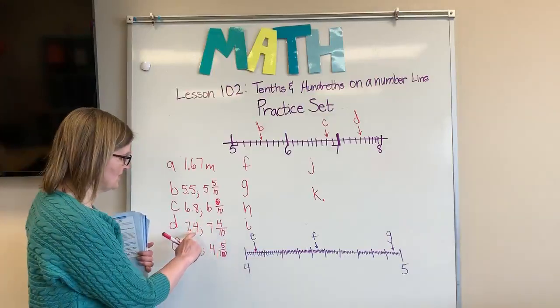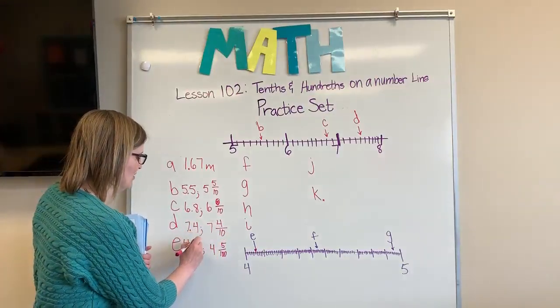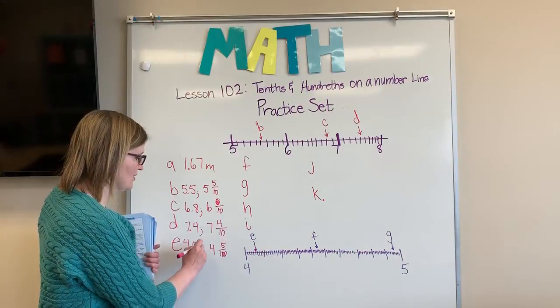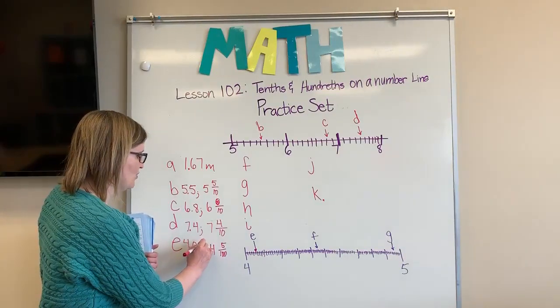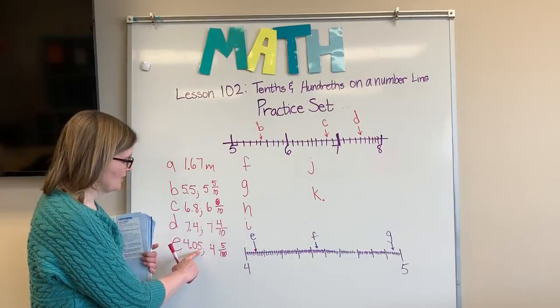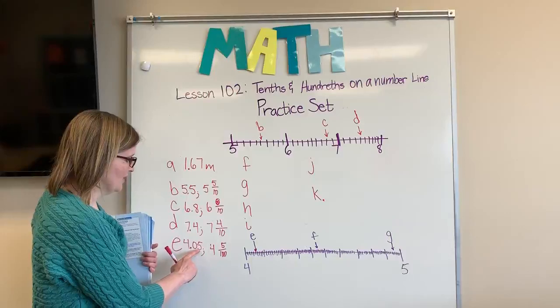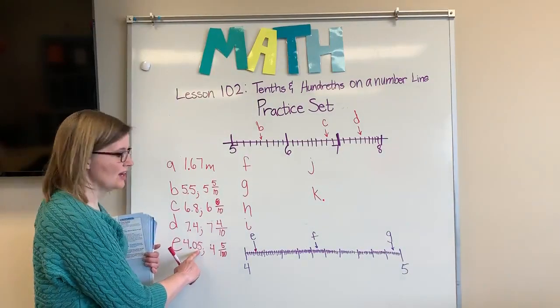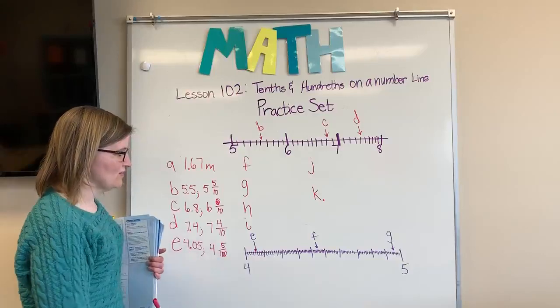We're not working with tenths like we had up here. So we put a 0 in our tenths, and then we put a 5 in the hundredths section of our decimal. So 4 and 5/100ths, 4 and 5/100ths.